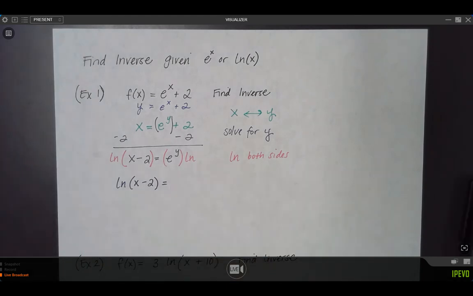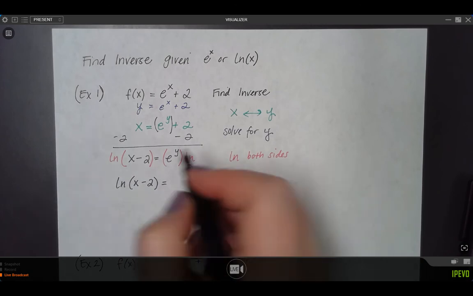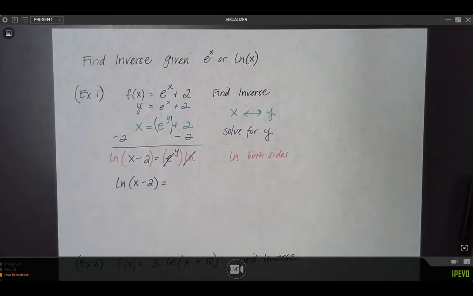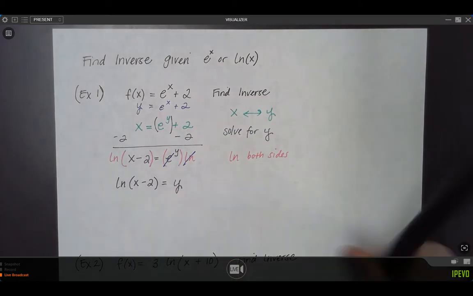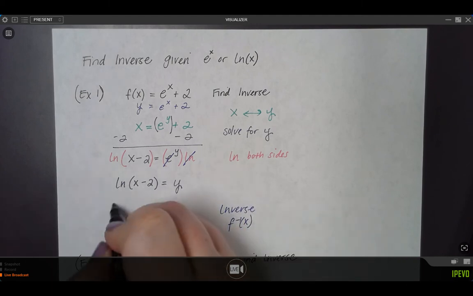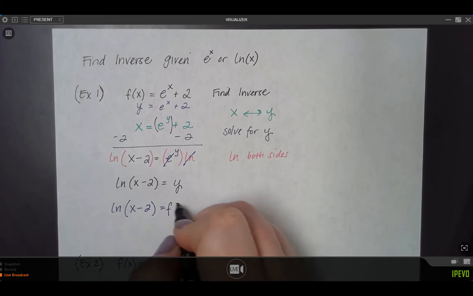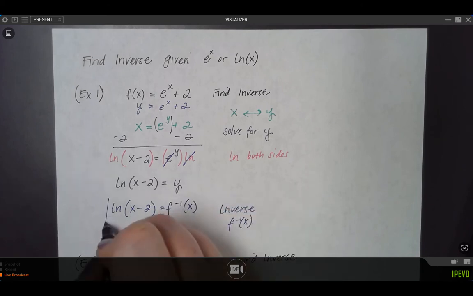And the really nice thing about e and ln is that because they are inverses of each other, they will simplify out. And the only thing left over will be that letter y. So my inverse, if I'm going to use inverse notation, is the ln of x minus 2. And this would be my answer.